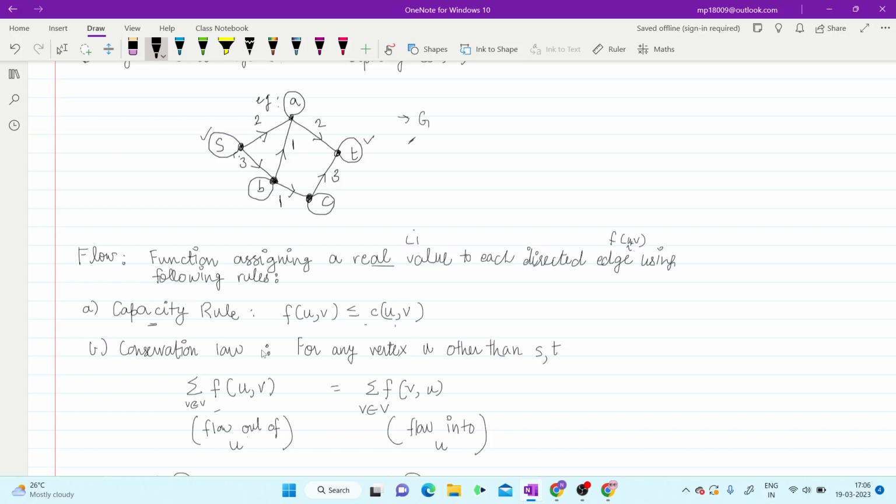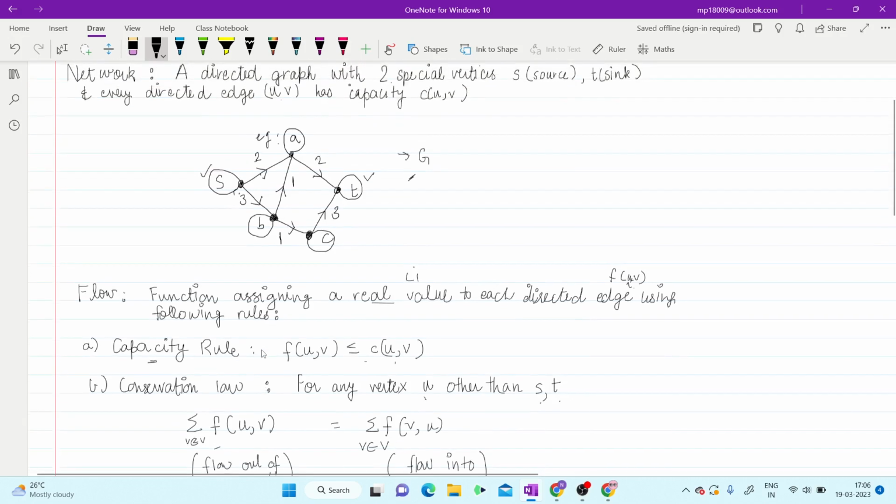Suppose I pick some vertex U which is not equal to S or T. If I sum up the flow values over each edge going out of U, that is my flow out of U, and this should equal the flow coming into U, that is, the sum of flow values over edges going into U.